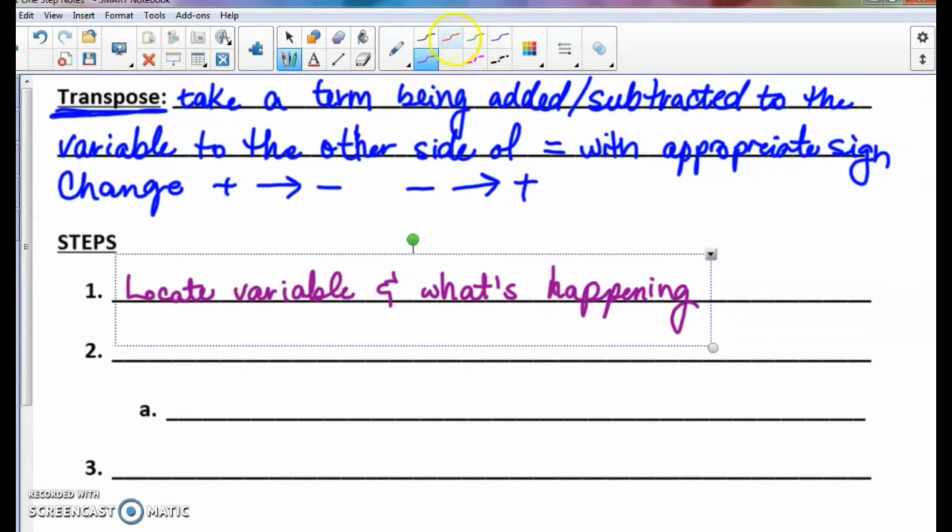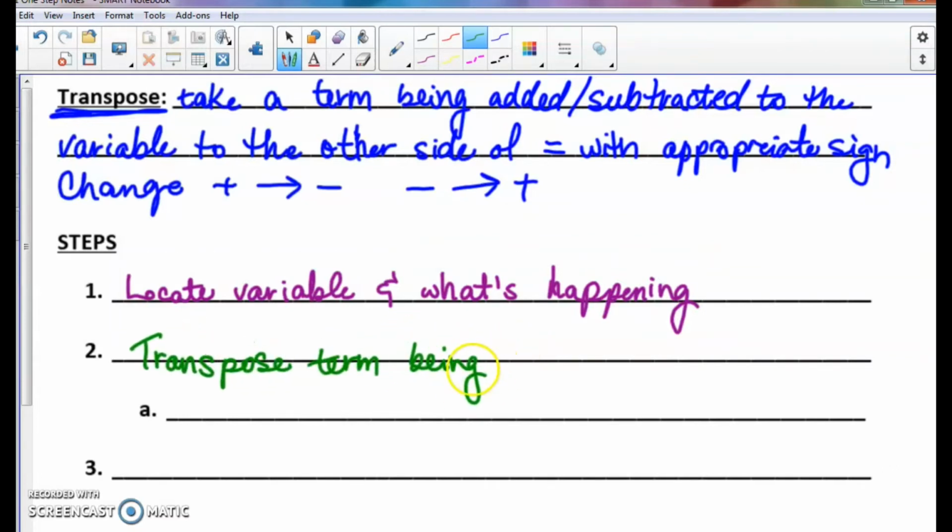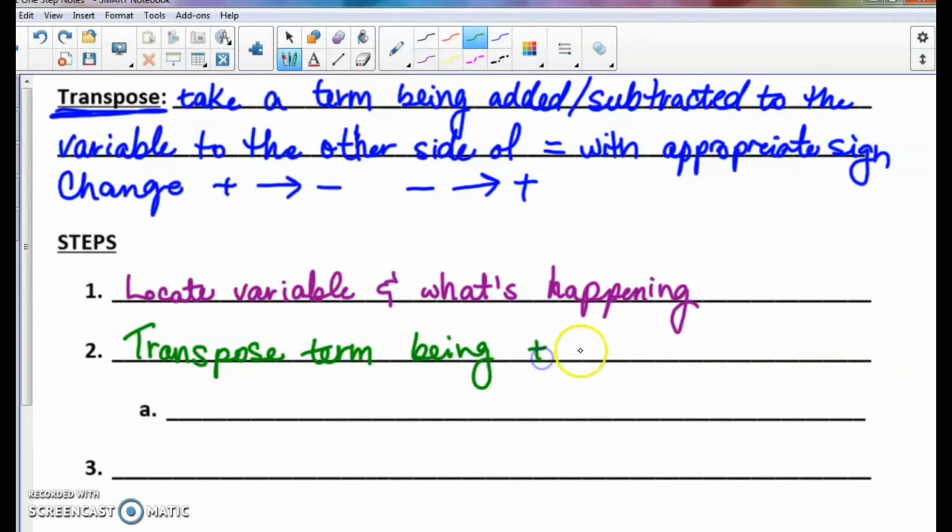Step 2 is to transpose the term being added or subtracted.